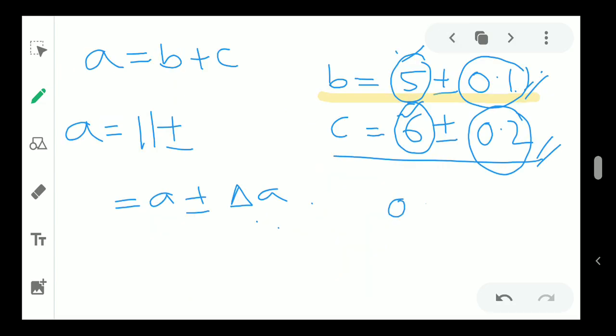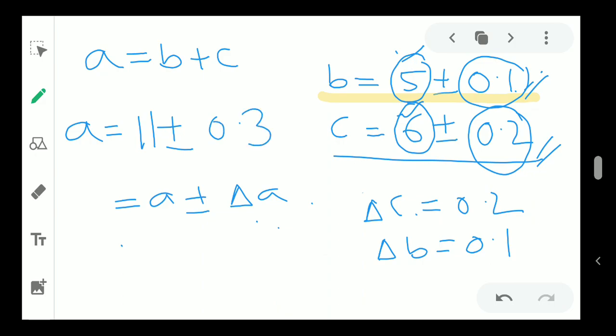My delta B is 0.1. And what is my delta C? My delta C is 0.2, and my delta B is 0.1. So I can directly write my delta A will be 0.3. So in case of addition, they added up.